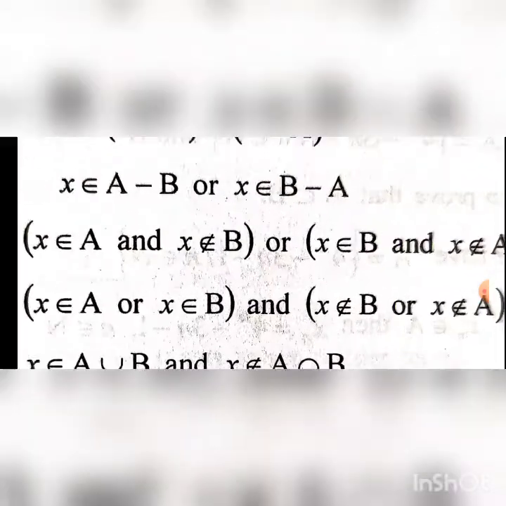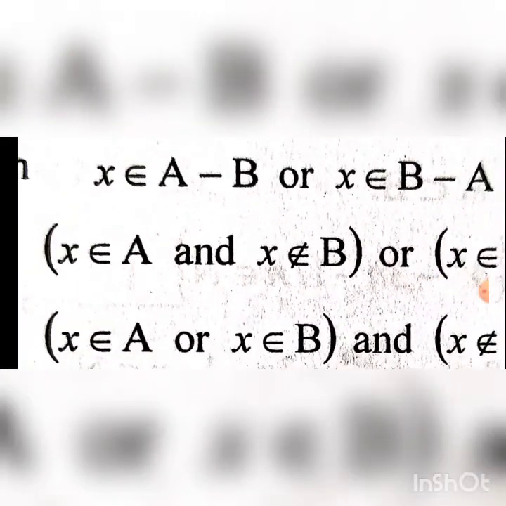Okay. So now in the next step we only change the grouping of the sets. We take x belongs to A from the first bracket, then we take this OR, and we take x belongs to B from this second bracket. So what will the grouped statement be? x belongs to A or x belongs to B. Then with this we take what is common to both sets, and we will take remaining elements in the second set.